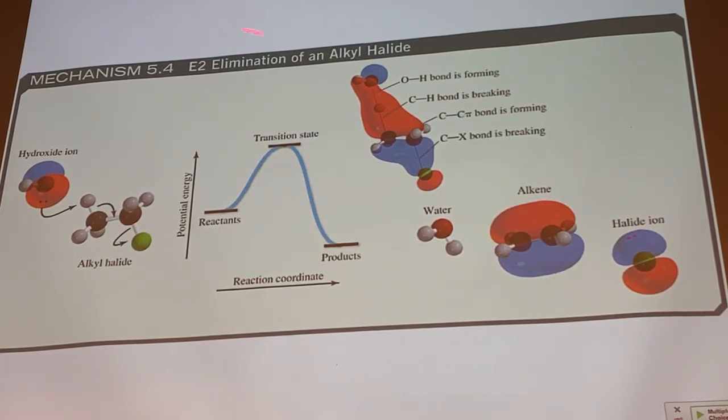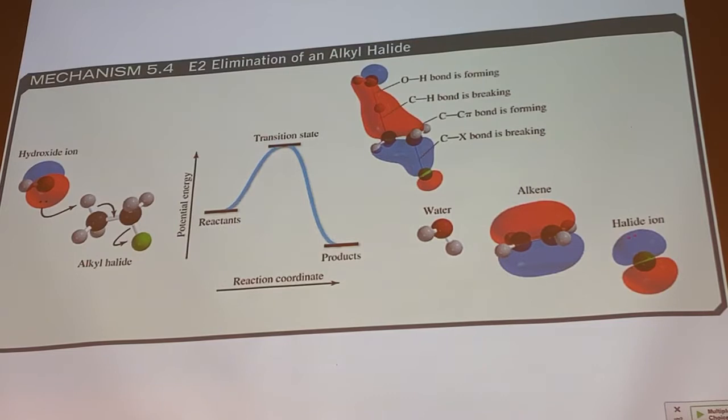So you see this big smear of orbitals all smeared together because we have a lot of overlapping orbitals, some overlapping less as we proceed through the transition state due to the bonds breaking, some overlapping more due to the bonds being formed.